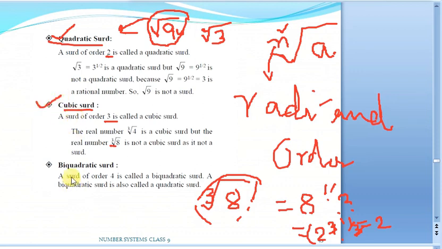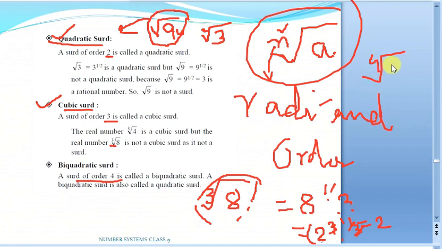Now what about a biquadratic surd? The order has to be 4. Suppose you take 4th root of 65. Even if you simplify this one, we won't get a rational number. So this entire thing I can call a biquadratic surd. Suppose you consider 4th root of 16.